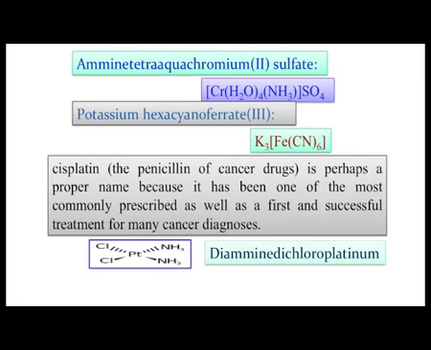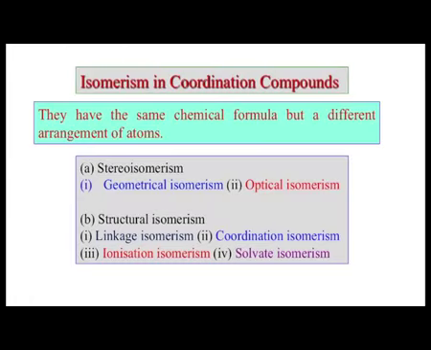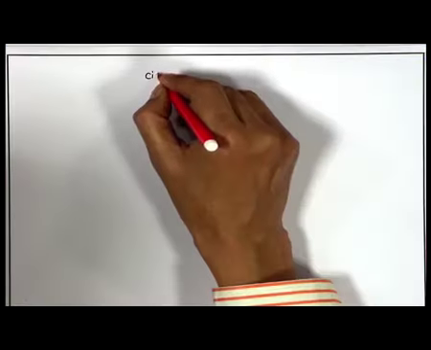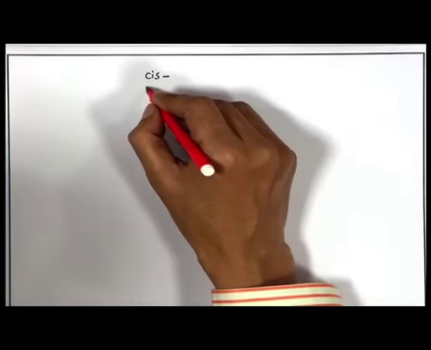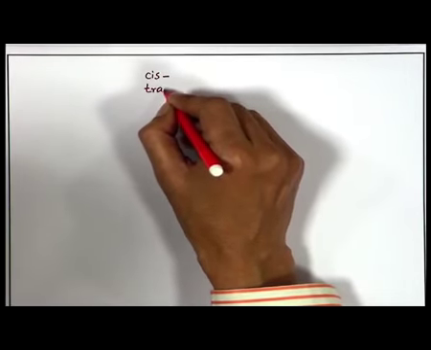So this gives us some idea that this is the compound where the two ammine functions and the two chloride functions are in cis position, with a coordination number of 4 and a square planar compound. Then we move to isomerism. What we have just seen in the two examples is that we can have a cis compound or a trans compound.